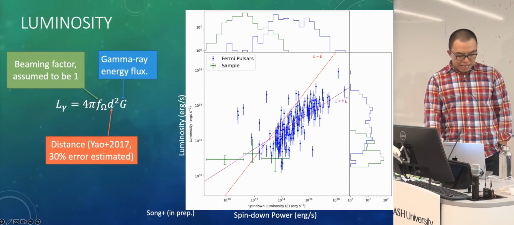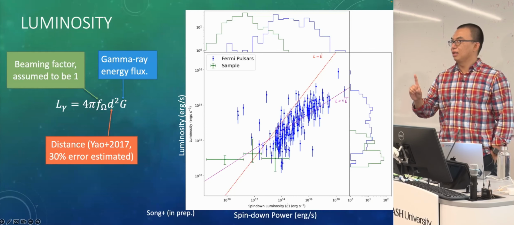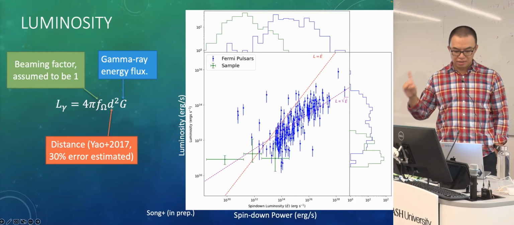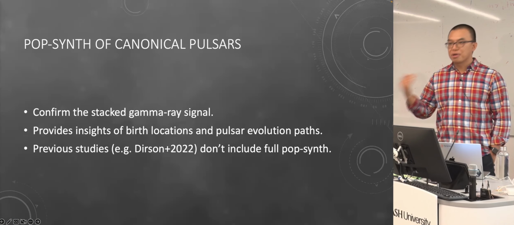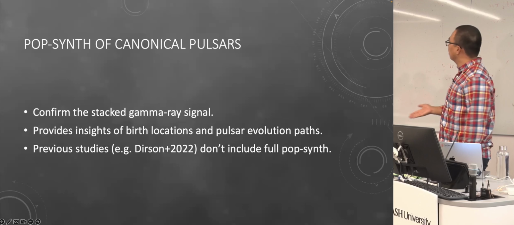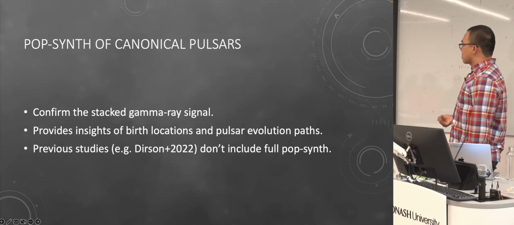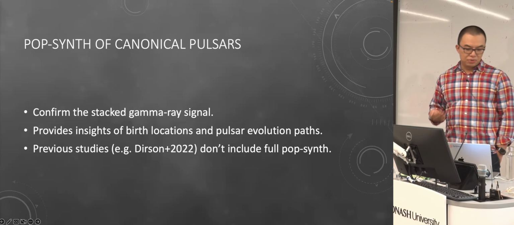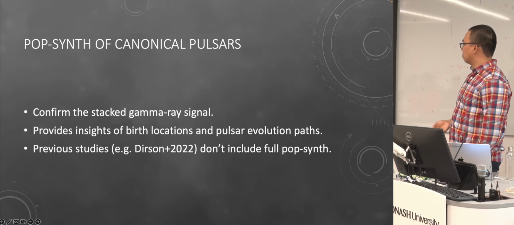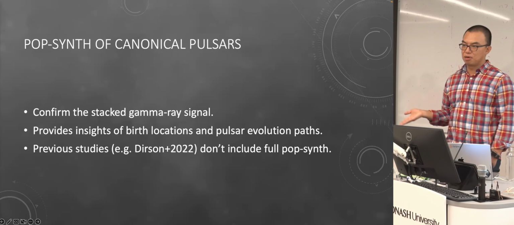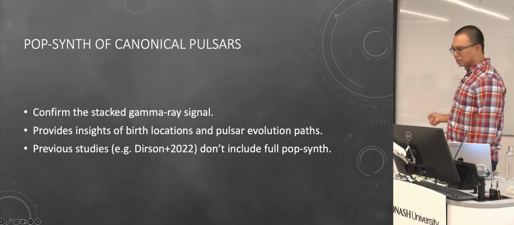All right, so we are now seeing this population of individually undetected pulsars in the data and roughly how they behave. How can we confirm that? So that comes with the use of population synthesis. In addition to that, doing population synthesis of pulsars can also give us insights on the birth locations of the pulsars, how the pulsars should look when they were first born, and all of these different questions.